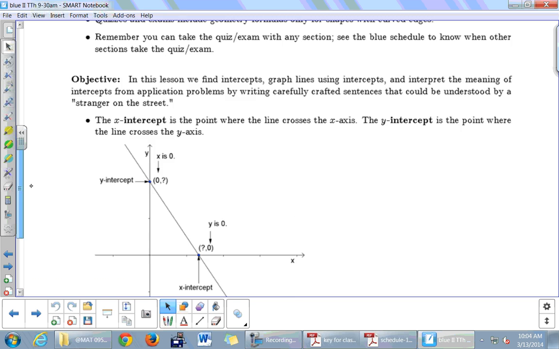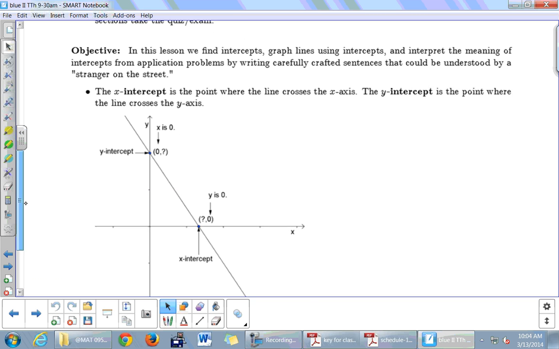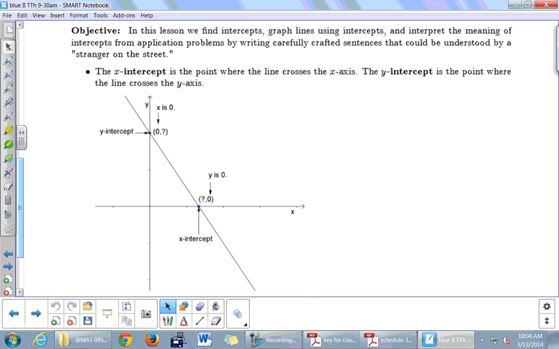Okay, so again, we're here on page 163, new lesson, which means there's a new objective.